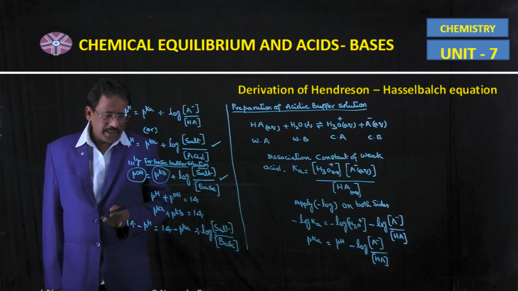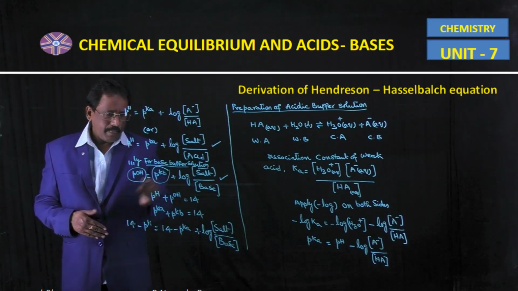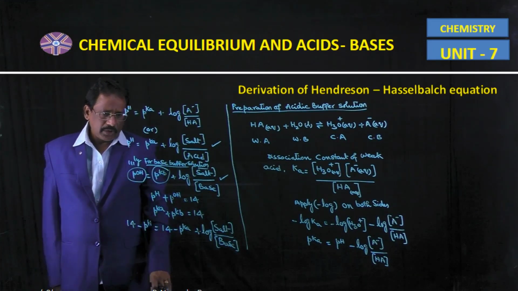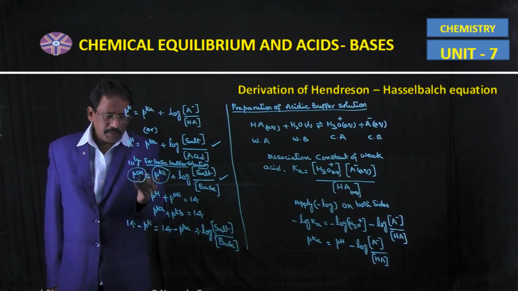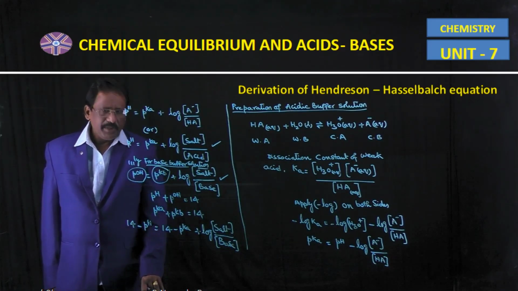pH plus pOH is equal to 14. So in the case of this basic buffer solution, instead of pOH, write 14 minus pH.